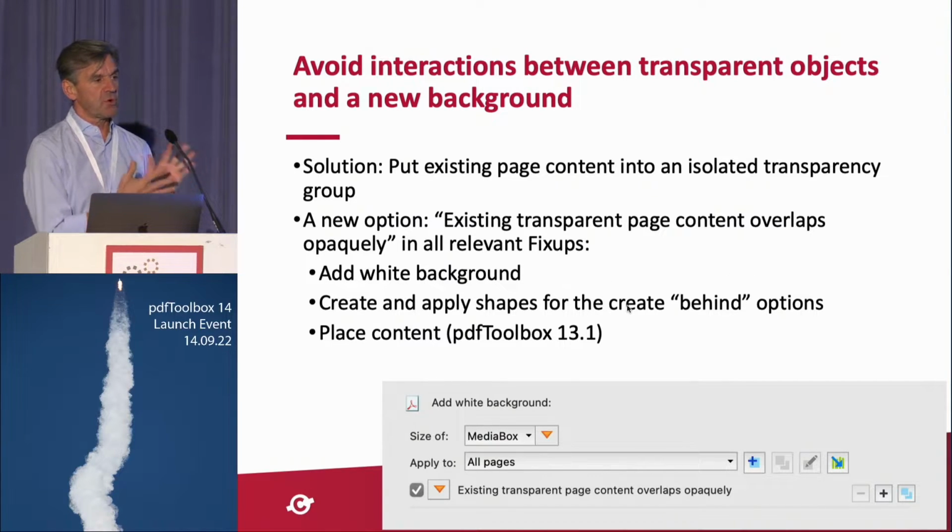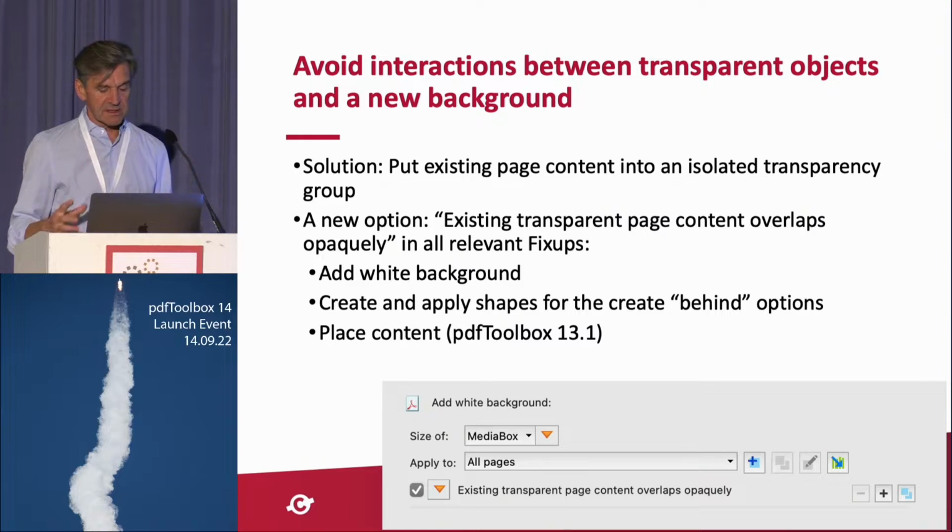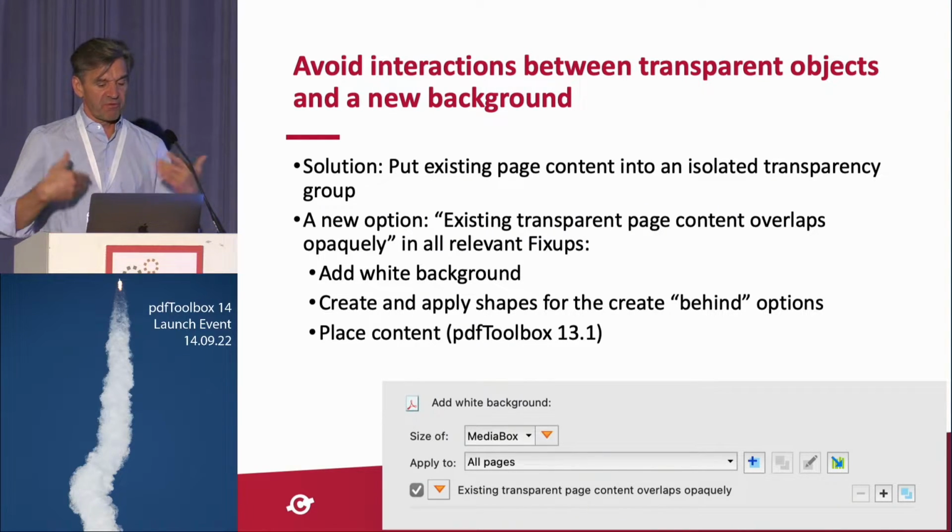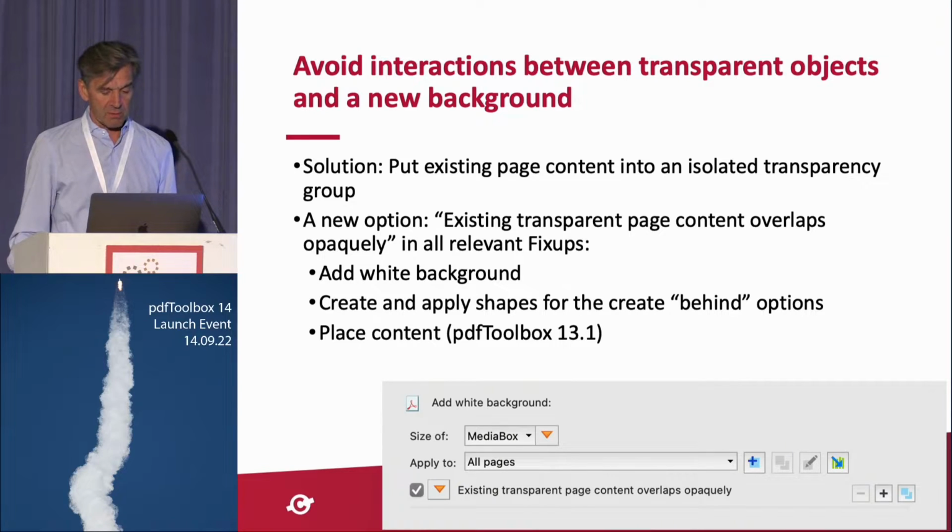You would have to create for the existing content a transparency group and indicate that this transparency group is isolated. That means there is no transparency interaction between the objects that existed before you inserted the new background.